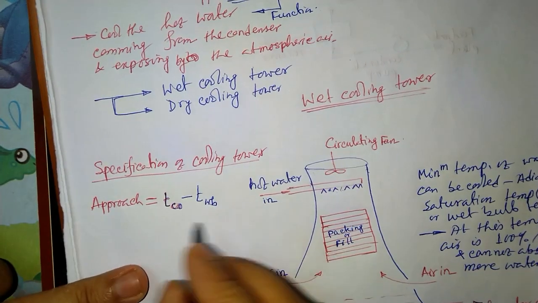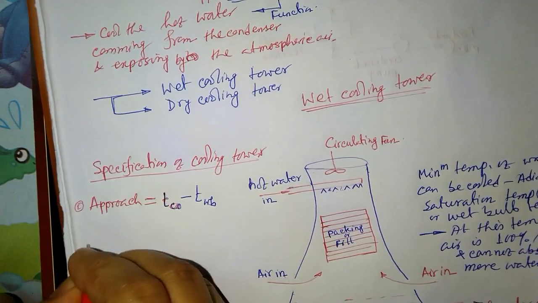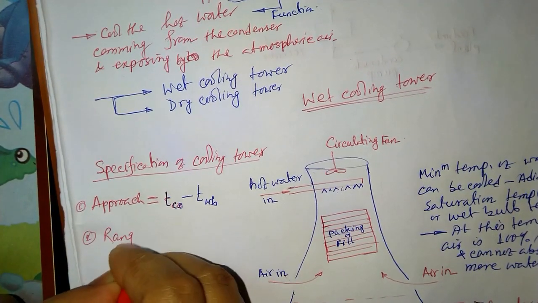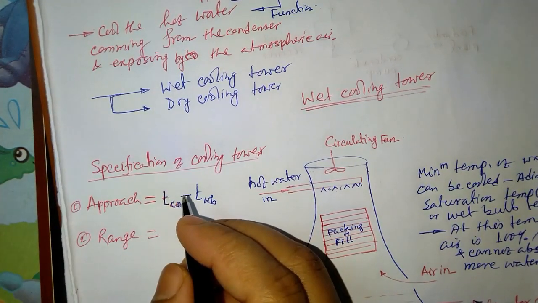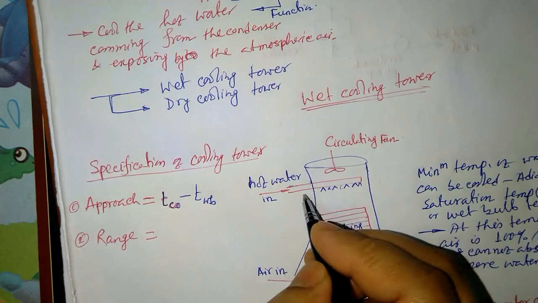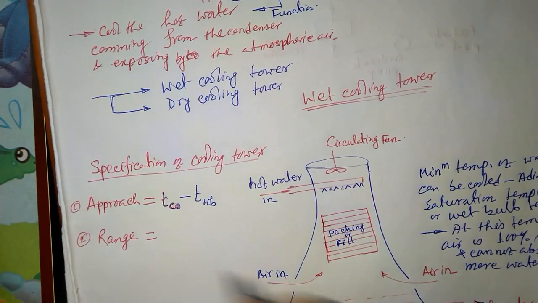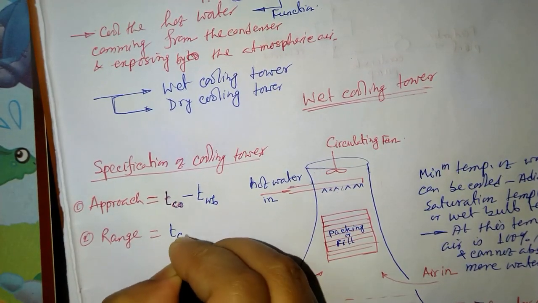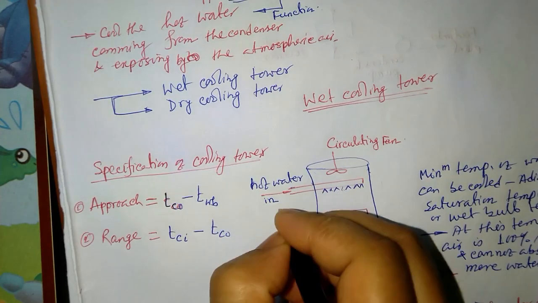Then we have range, the second one. This range is defined as the difference between the inlet temperature of hot water and the exit temperature of cold water, meaning actual cooling. So this is our inlet temperature TCI minus TCO.